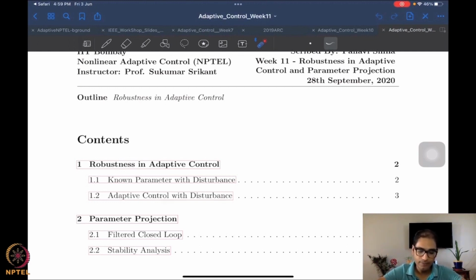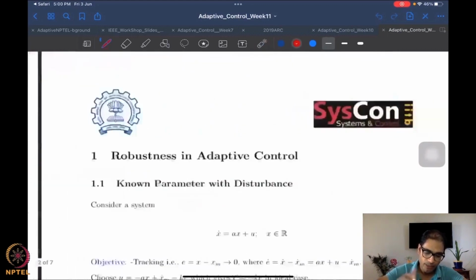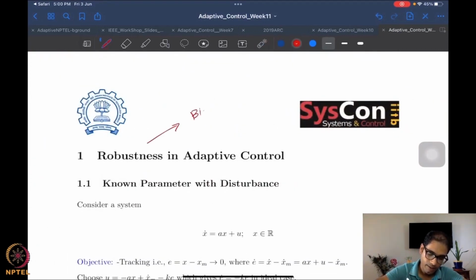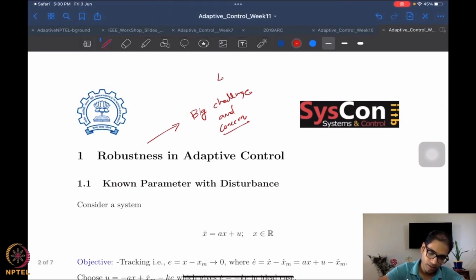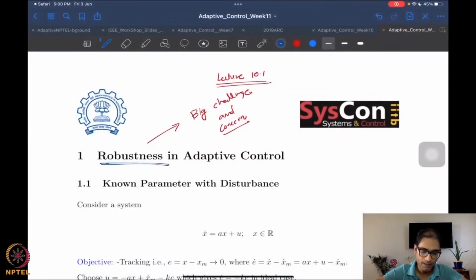Robustness is one of the big challenges and concerns in adaptive control. Let me mark this as lecture 10.1.